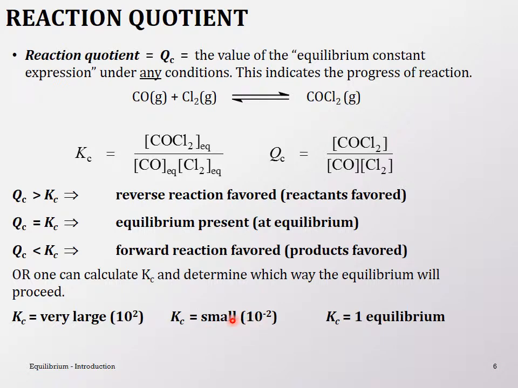Kc can range from 100 to 10 to the negative 2, to negative 4, or it can be extremely large also, 10 to the power of 5, 6, so really large. A Kc of 1 is going to be equilibrium for sure, because then it means you have both concentrations equal.